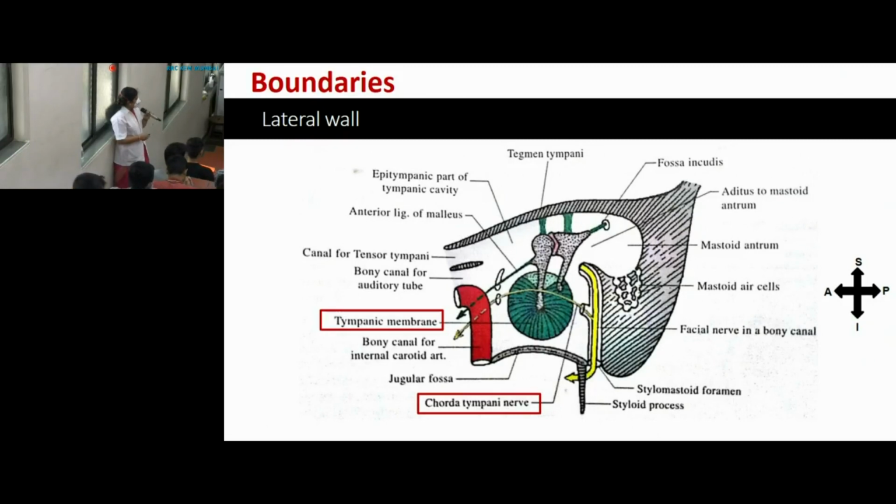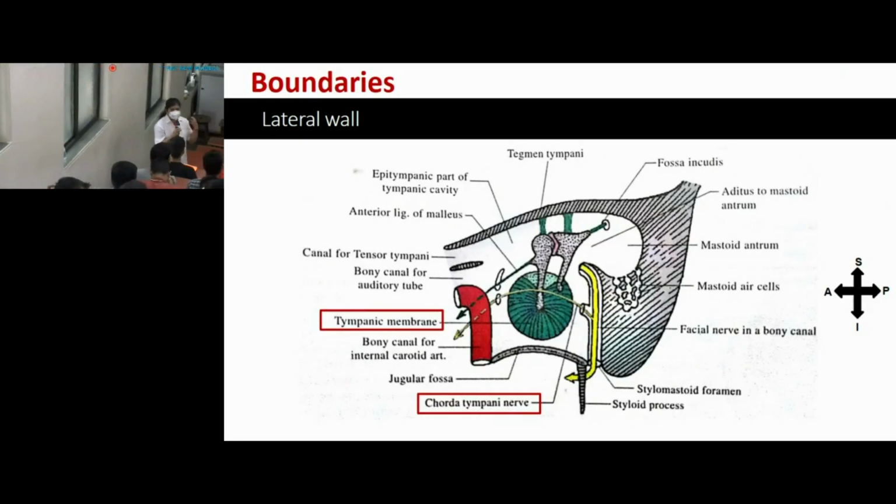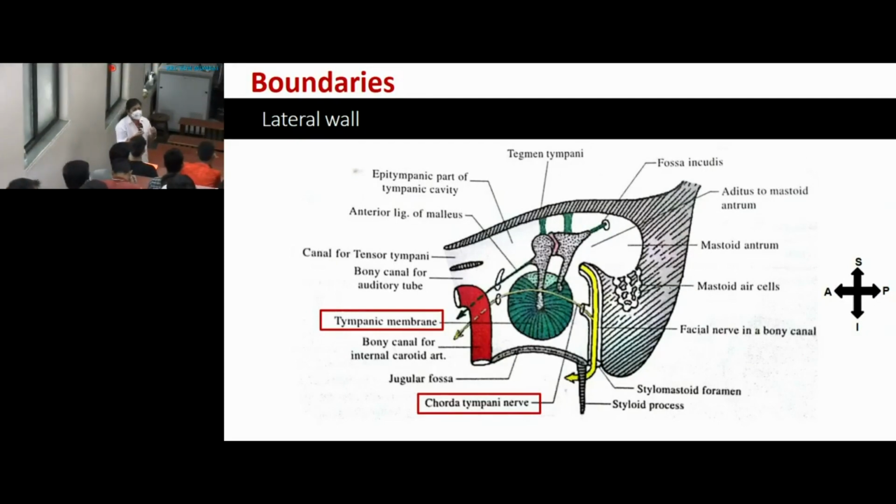Okay. Because of the arrangement of the fibrous layer, the tympanic membrane is divided into 2 parts. The medialmost part of the external acoustic meatus is the tympanic sulcus, along which there is attachment of the tympanic membrane. Along this attachment of the tympanic sulcus, the upper part is deficient.